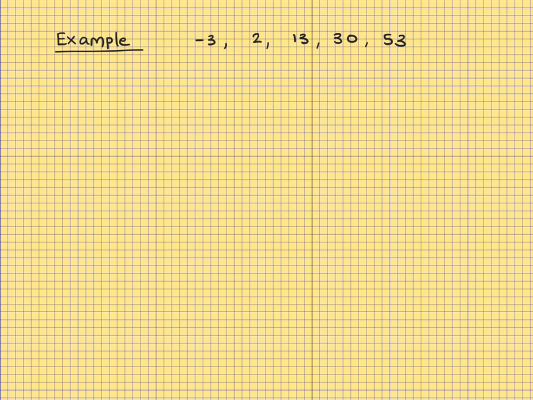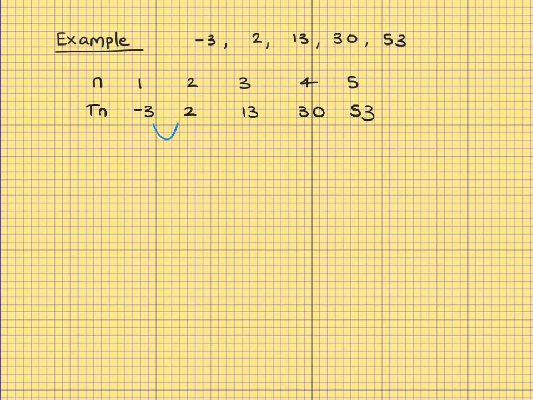I'm going to set my table up as previously. So I have n, which is 1, 2, 3, 4, and 5. Then I'm going to fill in my terms, which are negative 3, 2, 13, 30, and 53. Let's have a look at the differences.